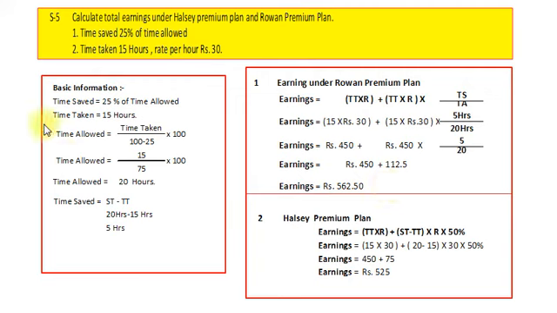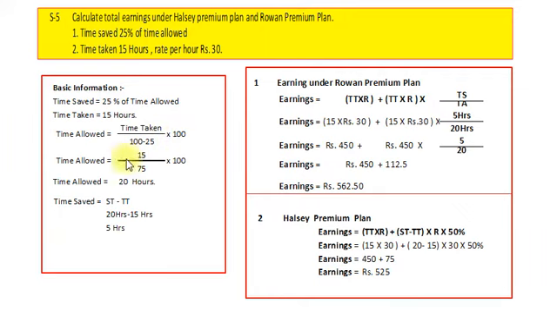Now let us check the basic information first. Here time saved is 25% of time allowed, so we can say that time taken is 75% of time allowed, and here time taken is equal to 15 hours. So our time allowed would be time taken divided by time allowed minus time saved, multiplied by 100.